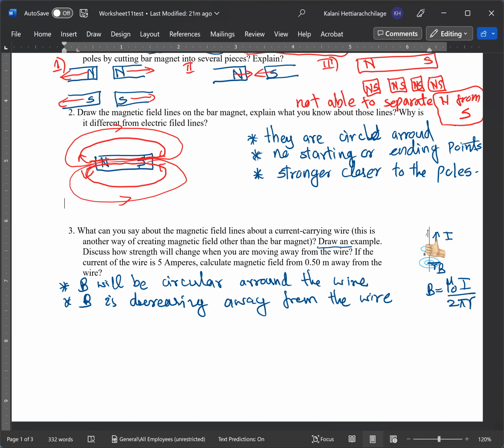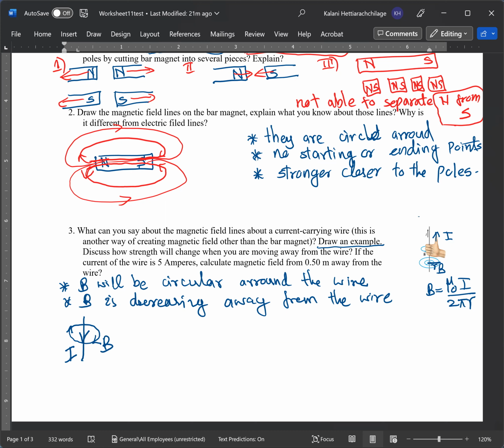You can draw an example as you want. Since I already have an upward direction, I'm going to draw downward now. If I have a current in the downward direction, you point your thumb in the direction of the current, and then you have the circular magnetic field going this way and coming in this way. That is the magnetic field direction.